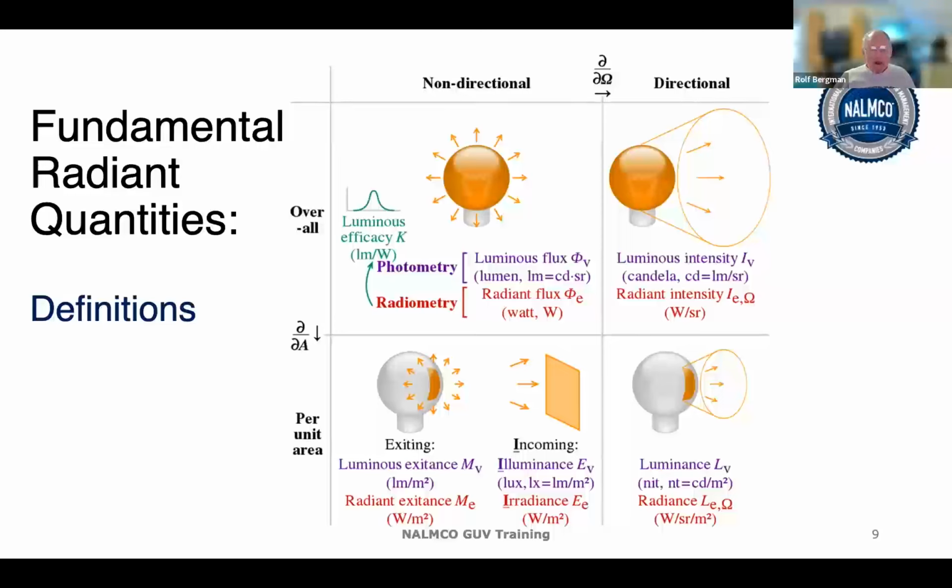And you notice that we now can take derivatives, in a sense, with respect to two parameters, either an area or, at the top, going angular, directional. But we're concerned here with going down directly from the picture at the top left. And you see that we're going to get the radiant power per unit area.